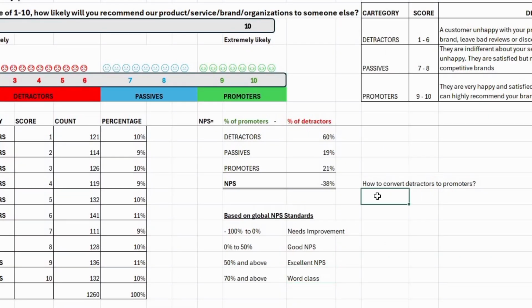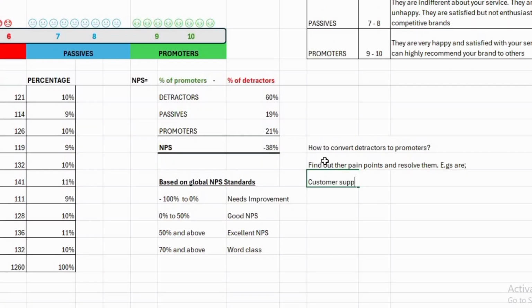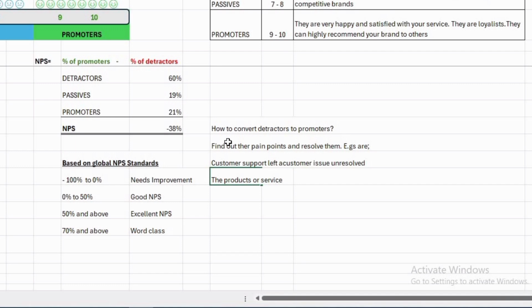How to convert detractors to promoters is to first find out their pain points and resolve them. Examples of possible pain points are: 1. Customer support left a customer issue unresolved. 2. The product or services do not live up to customers' expectations, which is usually the case of what I ordered versus what I got. 3.